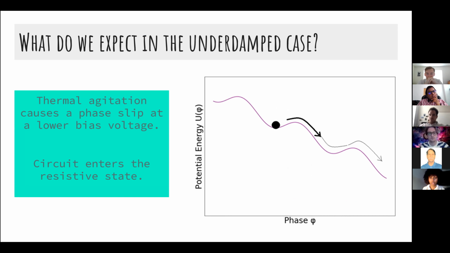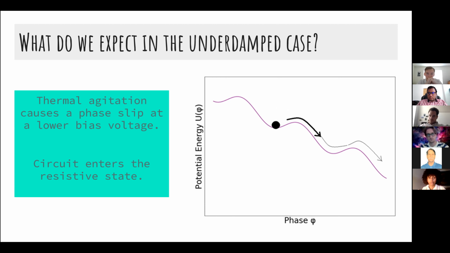Because of the temperature dependence and that Boltzmann expression and that extra energy that the particle now has, you don't need to, quote unquote, tilt your washboard as much as before to get the ball rolling, because that extra thermal agitation will help the phase escape out of the well.